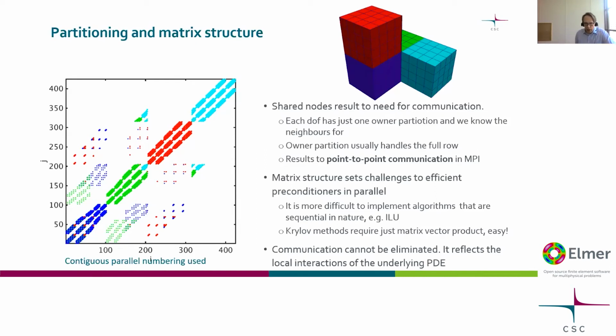It reflects the local interactions of the underlying partial differential equation. So the partial differential equation has local interactions, and that is reflected in that the discrete description of the same system must have similar local connections.